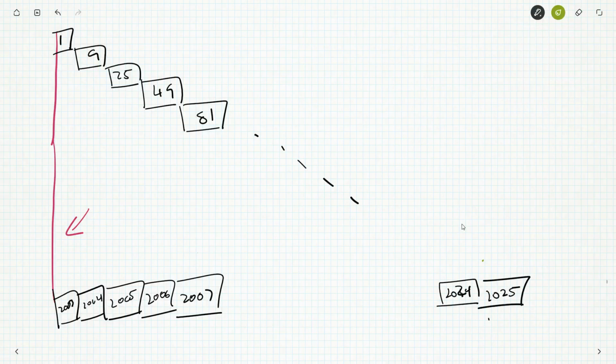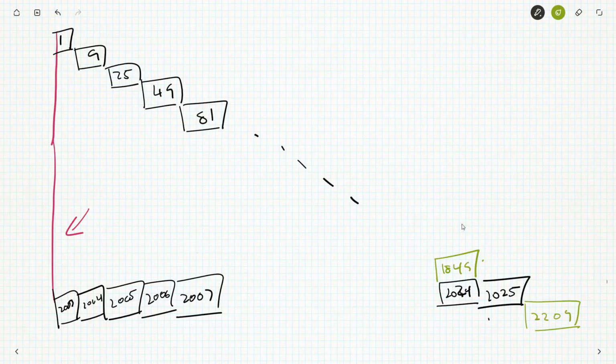Now, the odd square that's just before that is 43 squared, which I don't know off the top of my head. I'm going to grab my calculator. 43 times 43, 1849. Okay. What's the next one? 47 squared. And that's 2209. All right, fine.